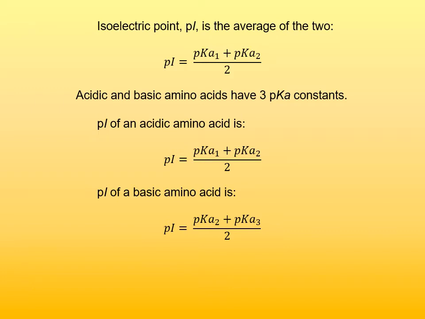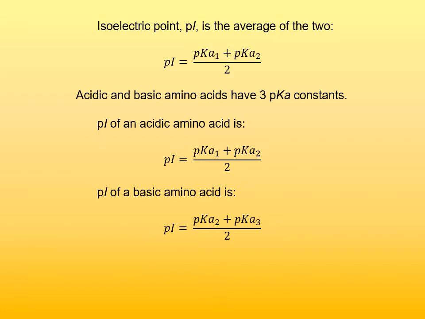Now we define isoelectric point as point at which amino acid is electrically neutral. That's actually what isoelectric means. Isoelectric would mean equal charges. So at isoelectric point, pI, amino acid molecule is neutral.